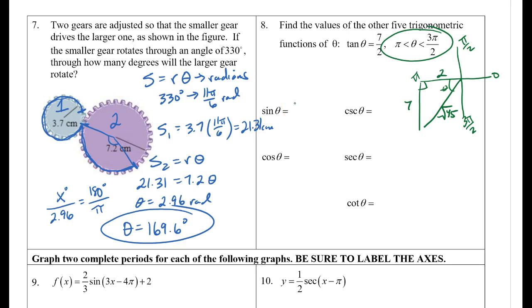We're going to rationalize it, so we're going to get 7 rad 45 over 45. Cosine is adjacent over hypotenuse, which is going to be 2 rad 45 over 45. Cosecant is rad 45 over 7. Secant is rad 45 over 2. And cotangent is 2/7.